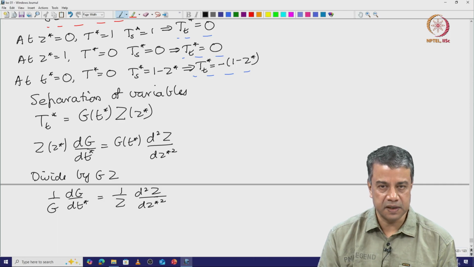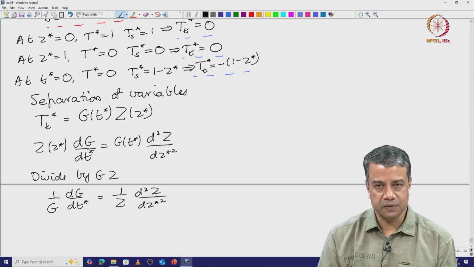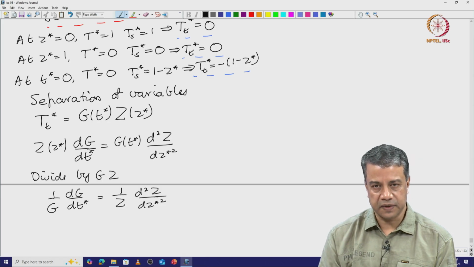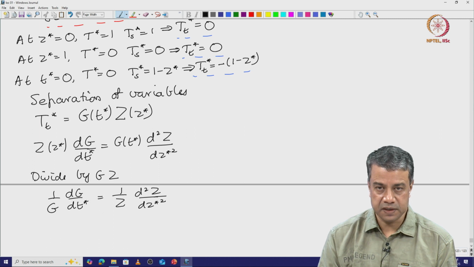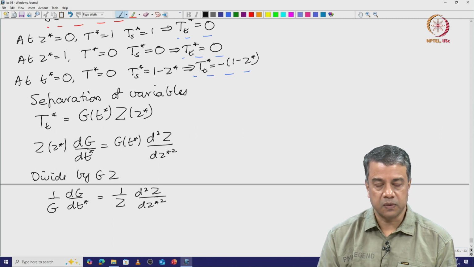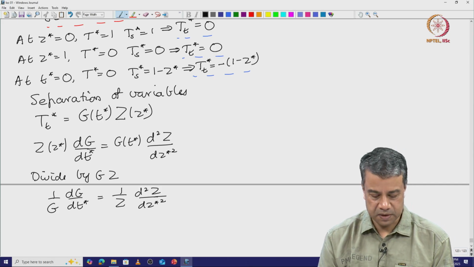So the equation is no longer valid. This equation is for the temperature field. It has to be valid for all values of t star and all values of z star, and that can happen only if the left and the right sides are both equal to constants.